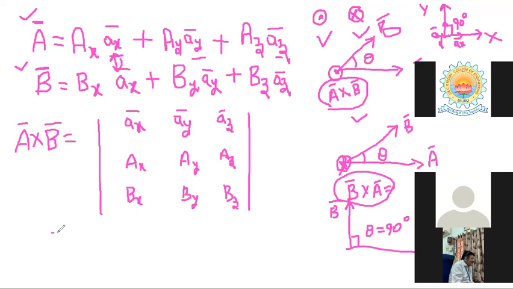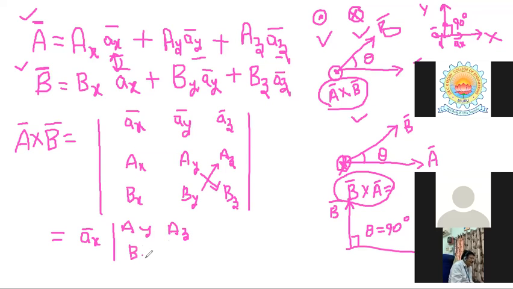See, how do you calculate the determinant? You might have known this for the cross product. Simply, Ax bar into this one, multiplying this and subtracting from these two. So that is Ax bar into the determinant of Ay and Az, By and Bz.